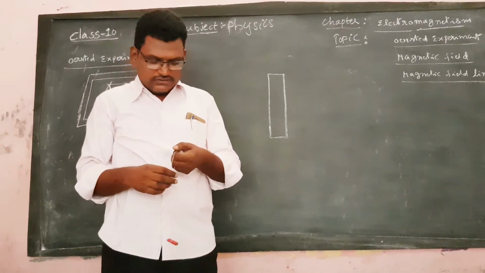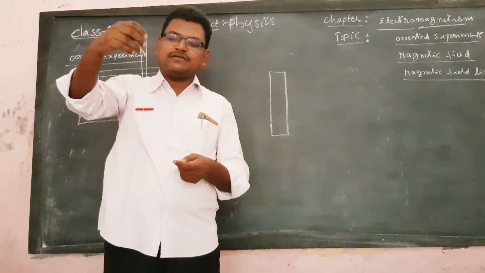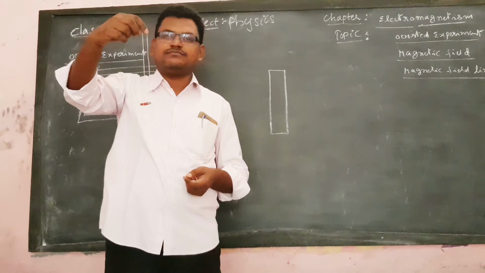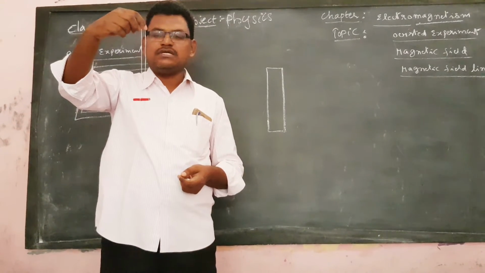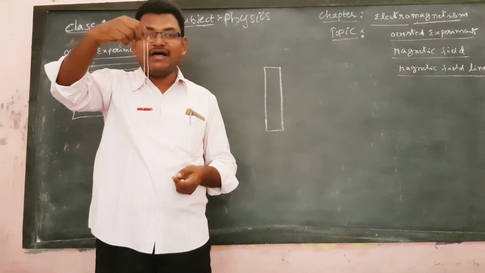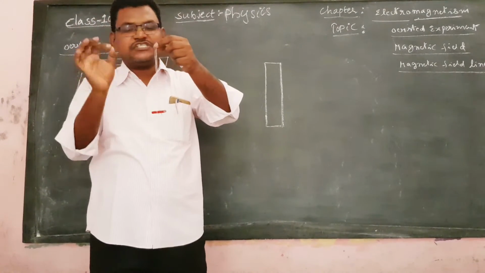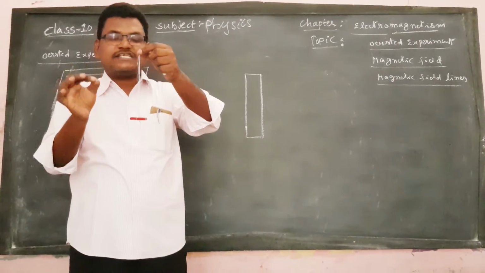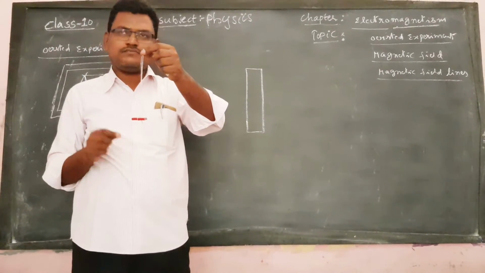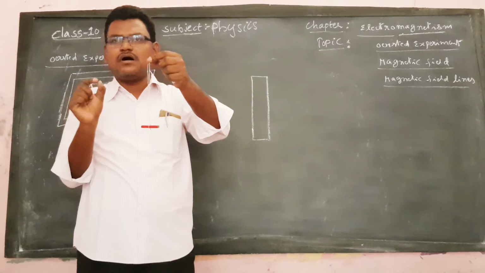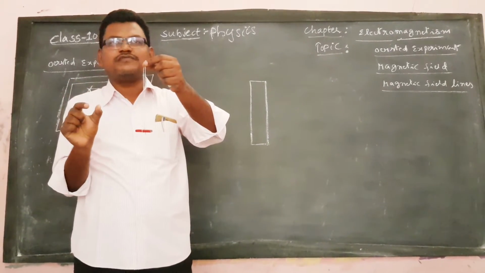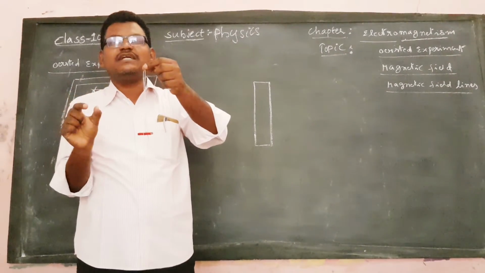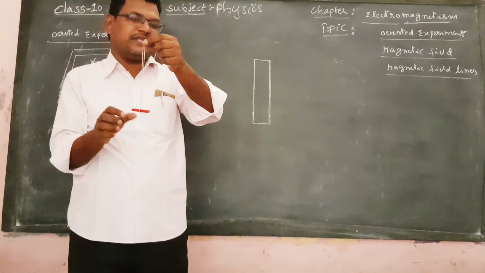So that's why any magnet settles or lies in the direction of the resultant external magnetic field.